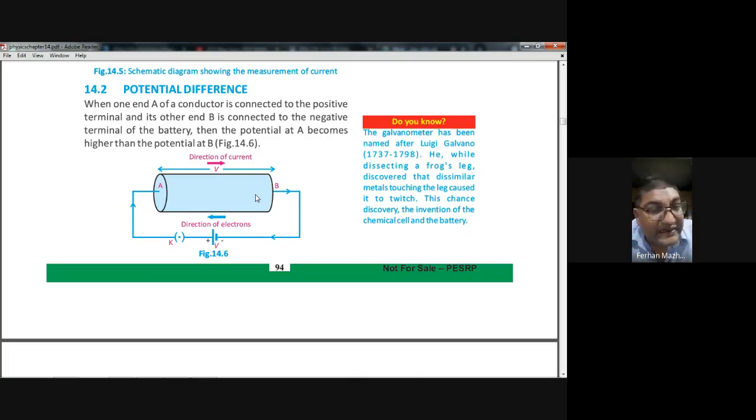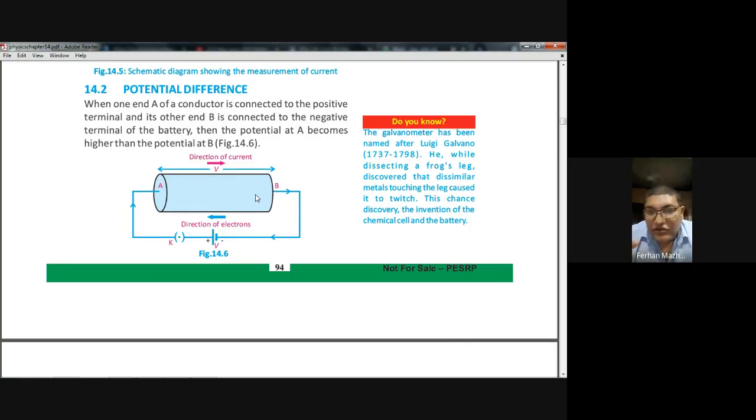When I say that the potential is 220 volt, it means it has very high energy. It means that if 1 coulomb charge is flowing from here, it has 220 joules energy.